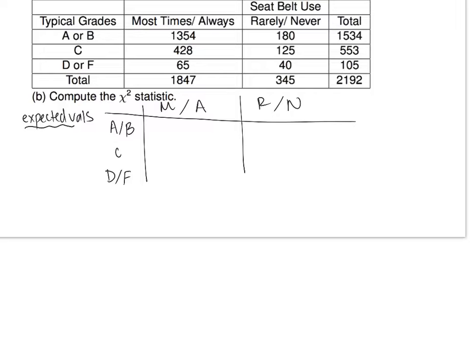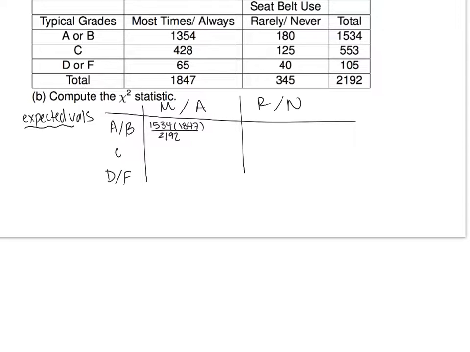So what is the row total for that first space? 1534. 5034. Column total is 1847. Over 2194. You get the idea?